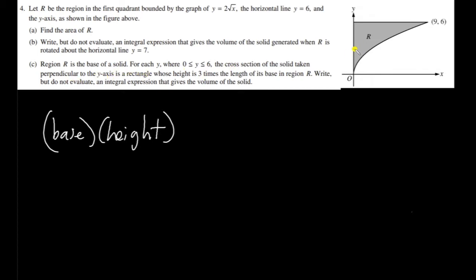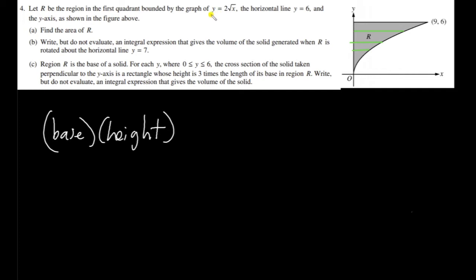So cross-sections are going to go like this, right? It's going to go however far out it goes. And you can see that how far it goes out is just the x-coordinate. So this x value goes out to this x value. So however far it goes out, that's just the x value, okay? So all we need to know is the x value.